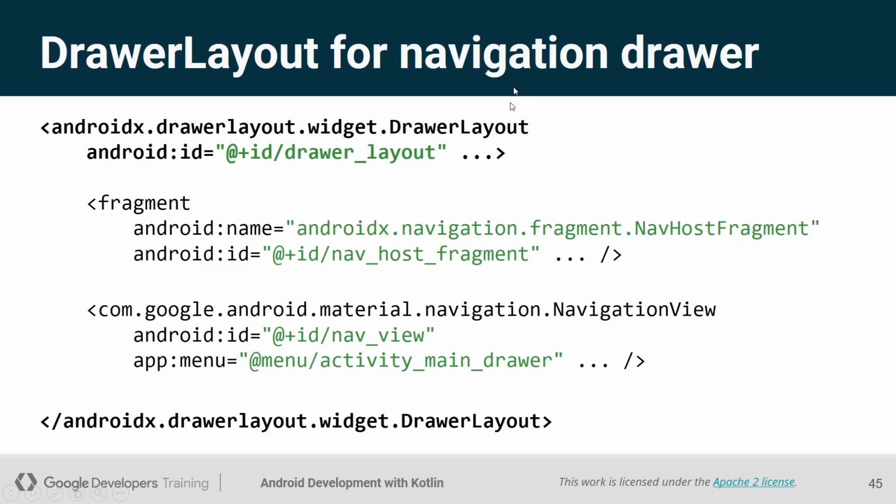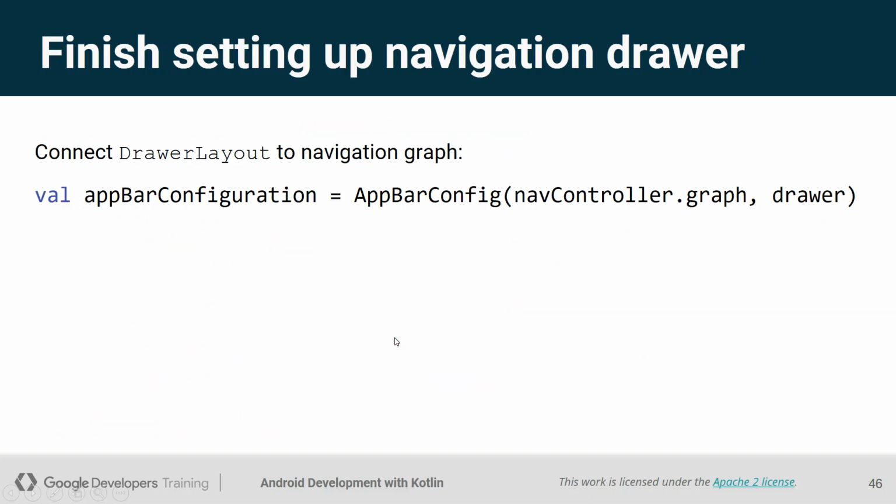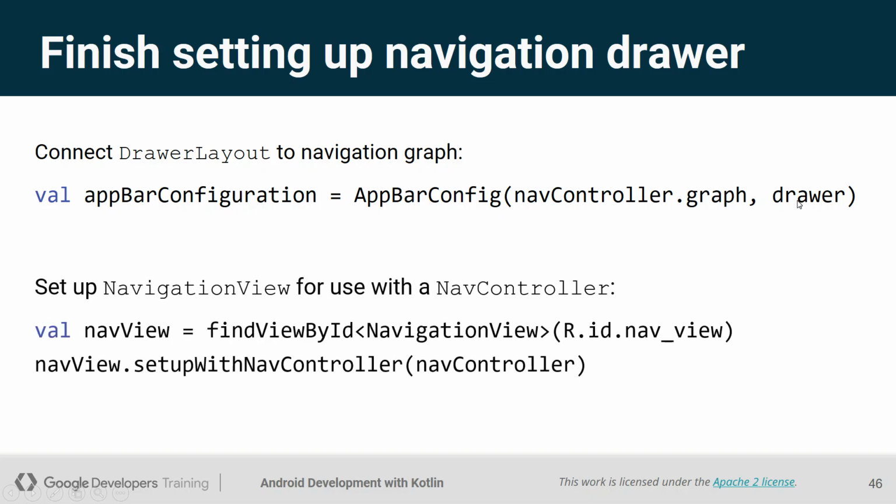Drawer layout for navigation drawer. In case you want to use it as a drawer layout section, you can define them like this and they will work correctly. You need to finish setting up the navigation drawer. You have to use the variable called app bar configuration and define it, giving the navigation controller the graph and the drawer for it to showcase.